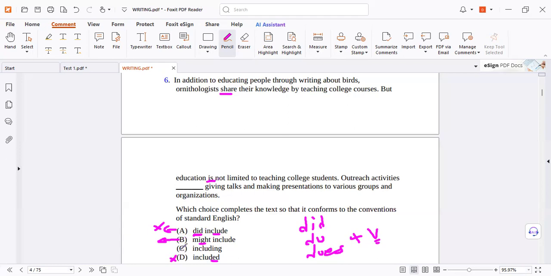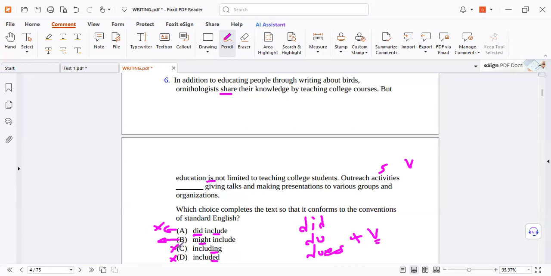So A and D are wrong because did refers to past. Now between B and C, letter C is a phrase. We need a verb for the subject, because if you use the phrase, you will delete all the phrases. Imagine. Again, do you need a verb? You need a verb. This is the beginning of a phrase, present participle phrase. So we don't need a phrase, we need a verb phrase, one of the tenses of English, 12 tenses.